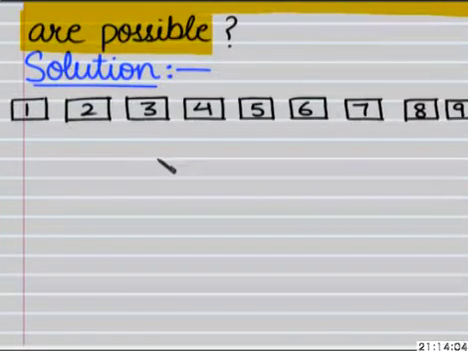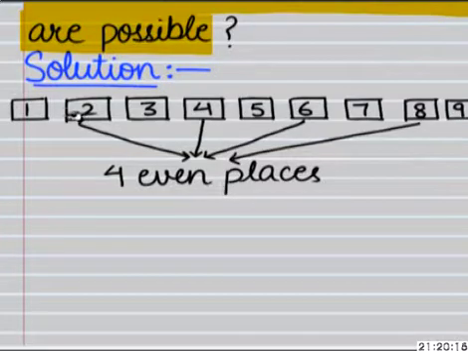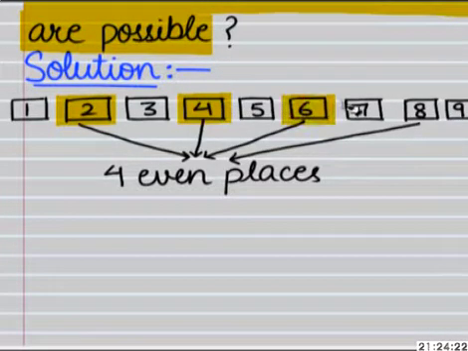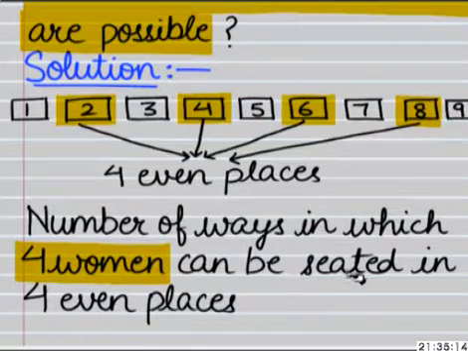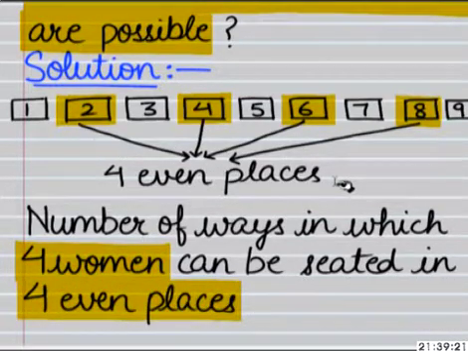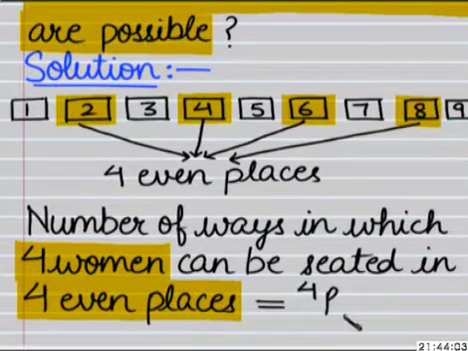It is given that 4 women occupy the even places. So these 4 even places will be occupied by 4 women. So the number of ways in which 4 women can be seated in 4 even places will be equal to 4P4.